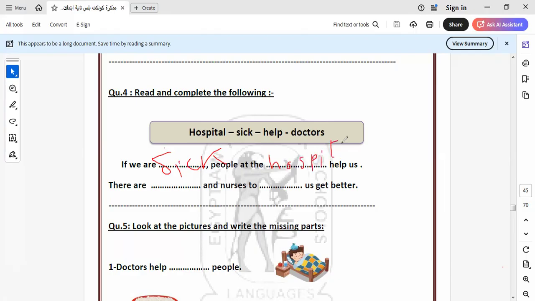They are doctors and nurses, to help us get better. Doctors help sick people, not us. Help sick people.